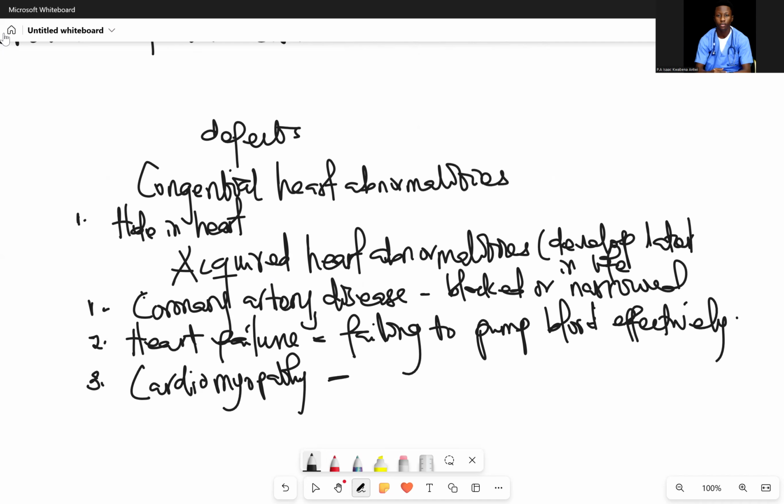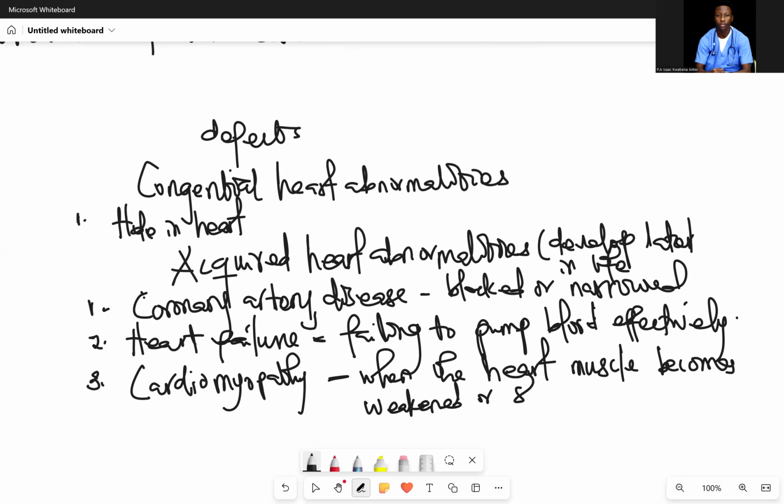It will also lead to heart failure, right? This is when the cardiac muscle becomes weakened.